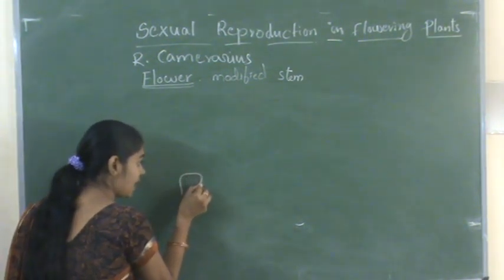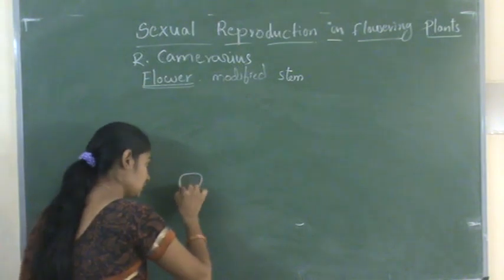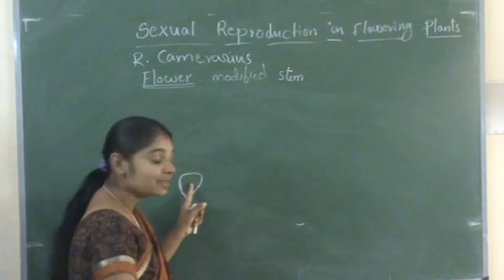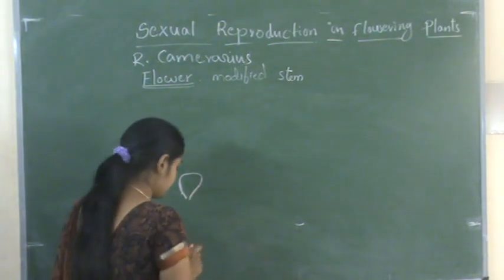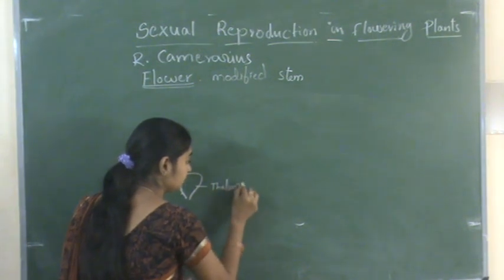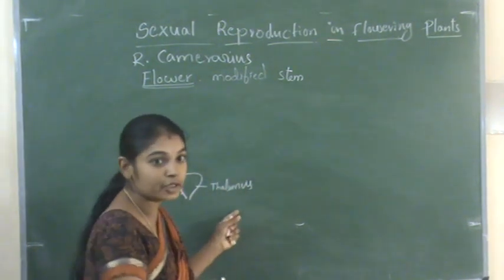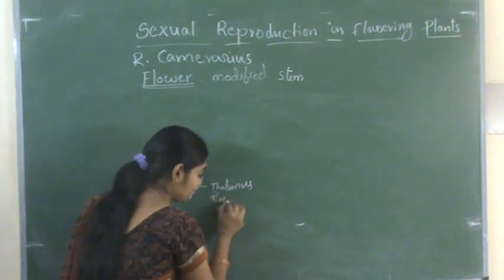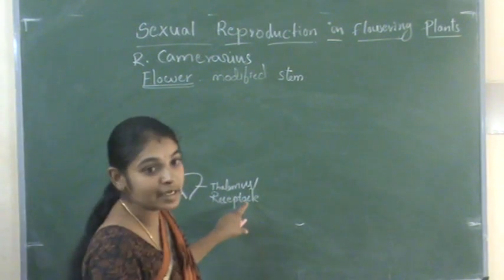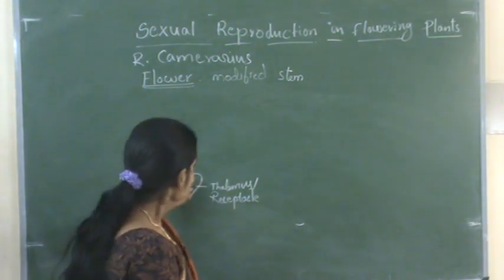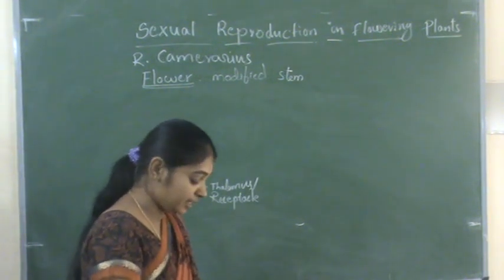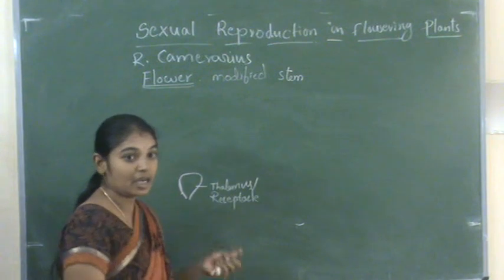It is a flat or swollen part, known as thalamus, or also known as receptacle.